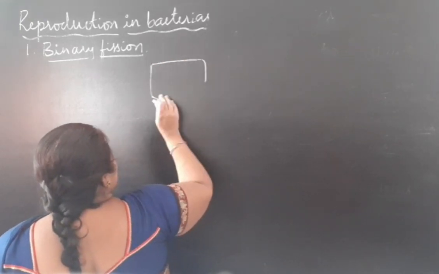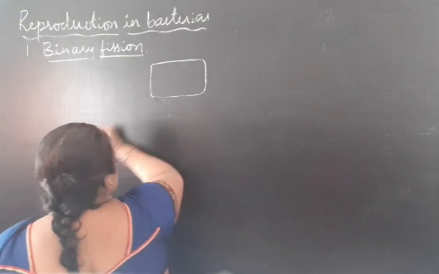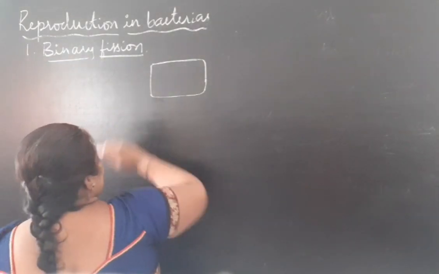With a diagram, I would like to explain reproduction in bacteria.